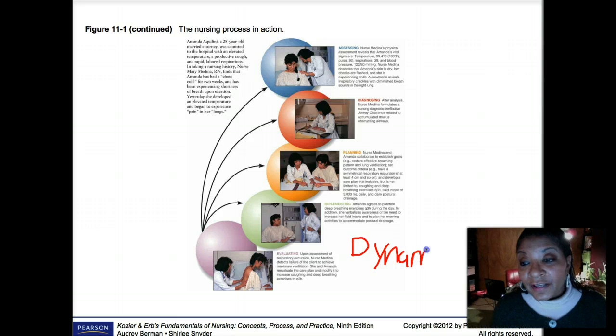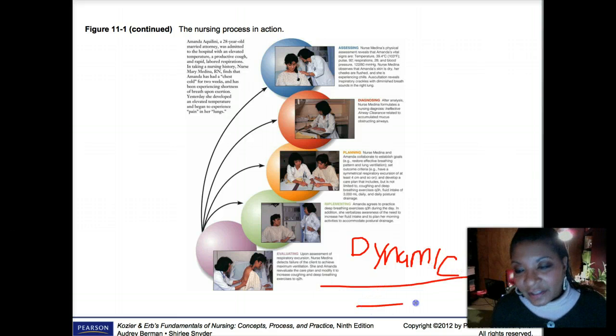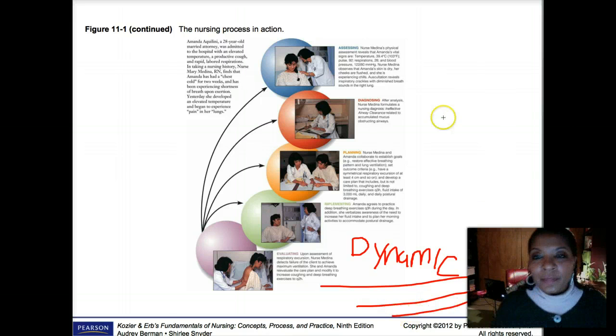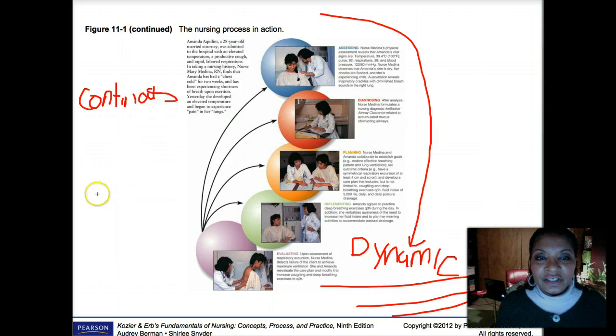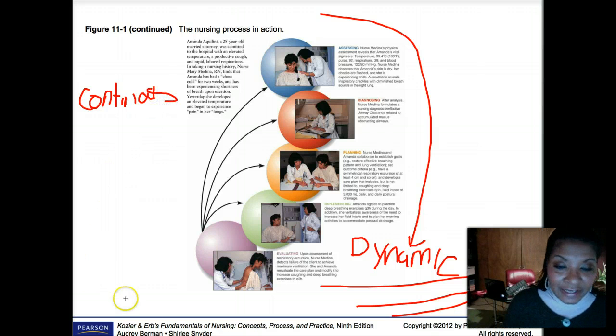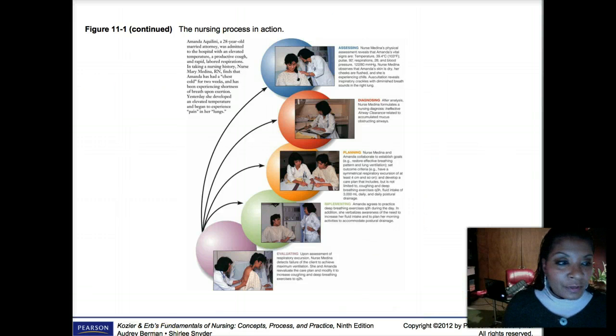As long as the patient is in our care, we are always assessing them. So assessment and the nursing process is dynamic and continuous. As long as the patient is in our care, it's dynamic and continuous. That's really important to remember.